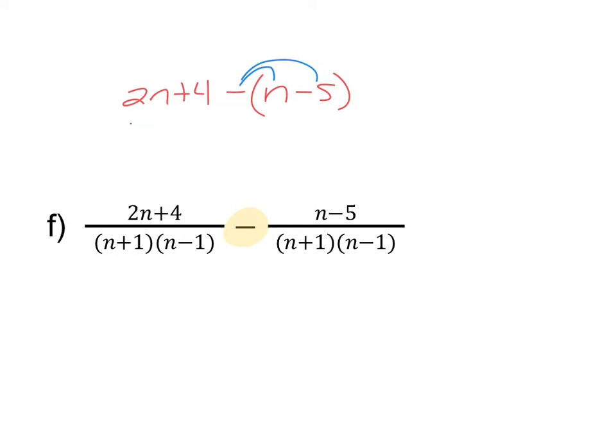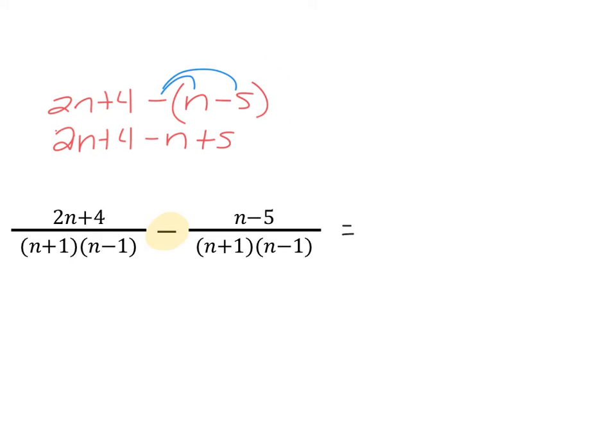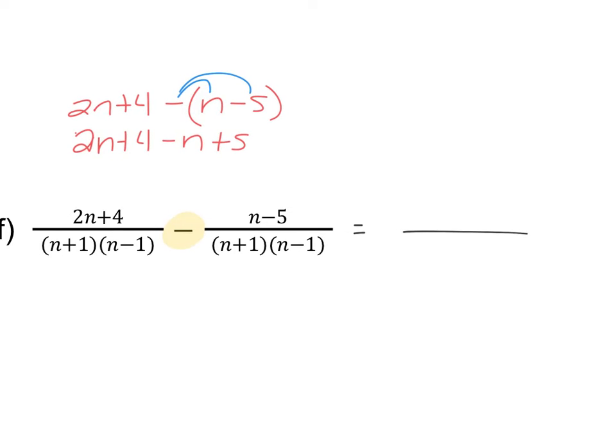So that gives you 2n plus 4 minus n, and negative times negative 5 is positive 5. Now let's combine our like terms. 2n minus n is just n.